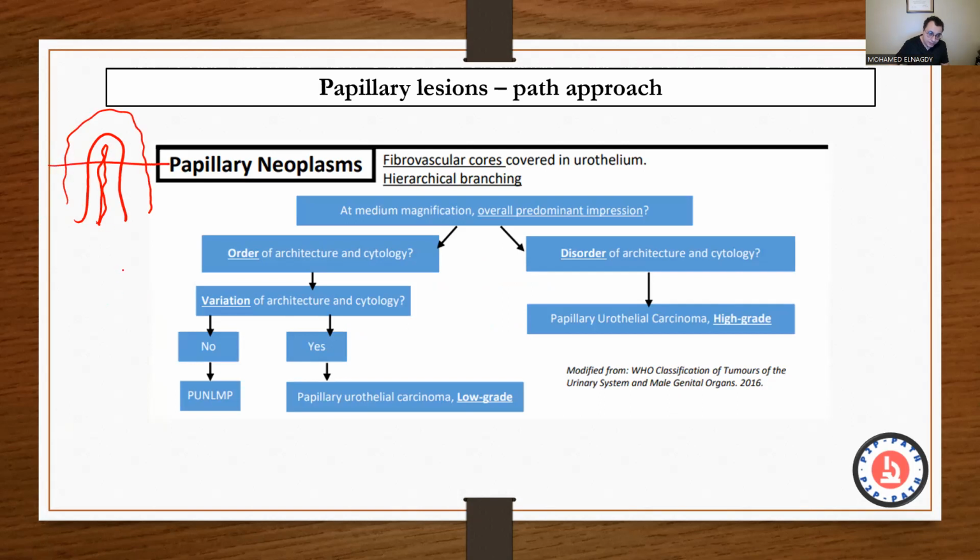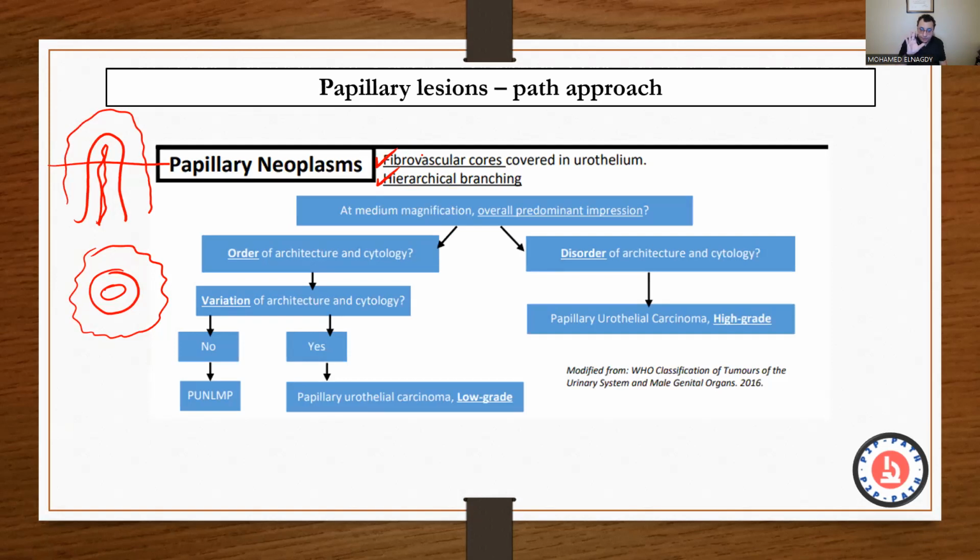That's why when you take a cross section, there's usually this blood vessel in the middle and the epithelium all around. This is a cross section, and this is how it looks when you see the full finger. So it has this fibrovascular core, a branching or finger-like architecture, and the covering epithelium, of course.